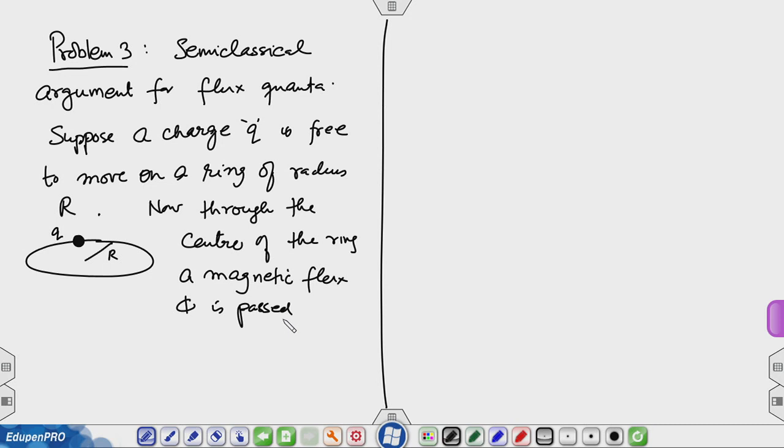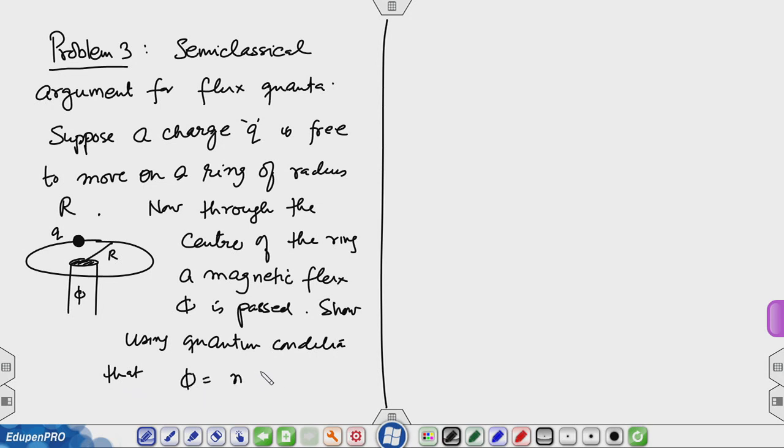So, what you do is you take maybe a solenoid and let this flux be phi and it is passed through the center. Show using quantum condition that phi equals n h over q.